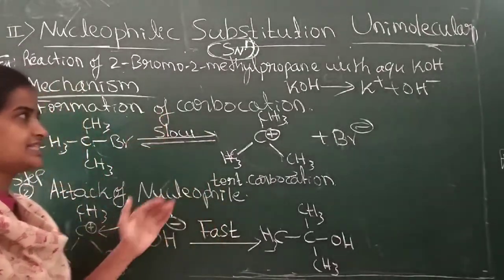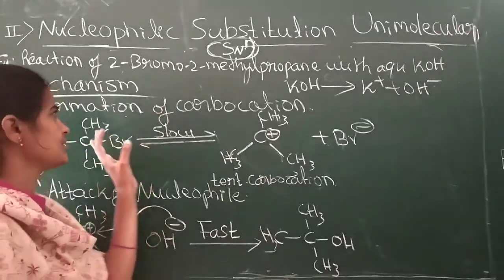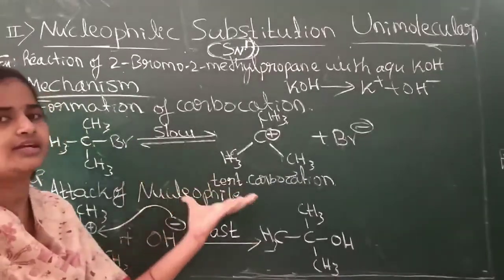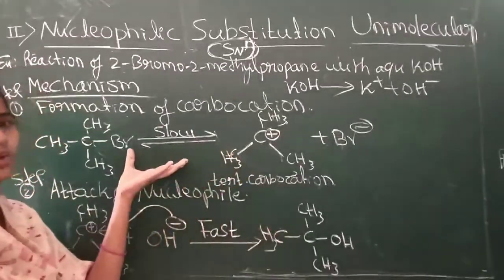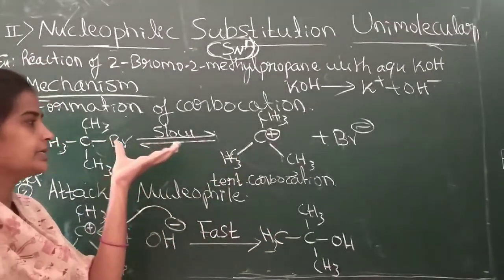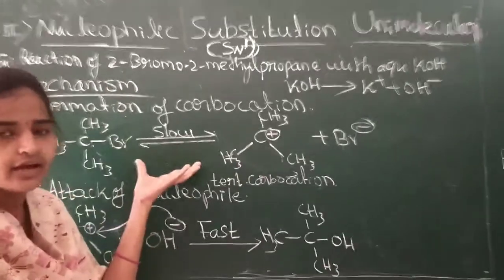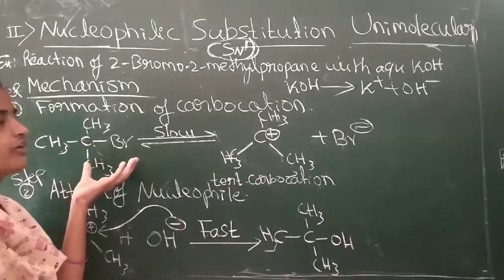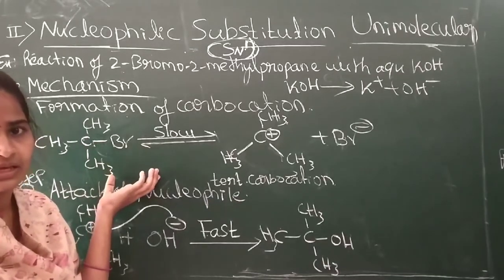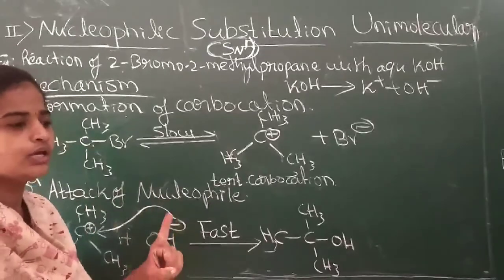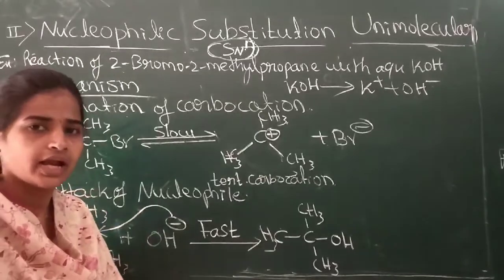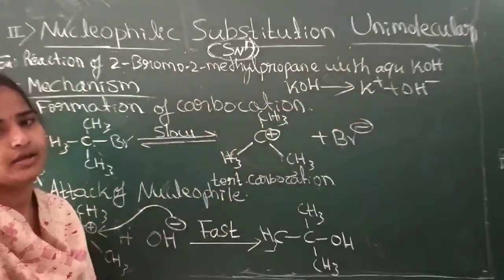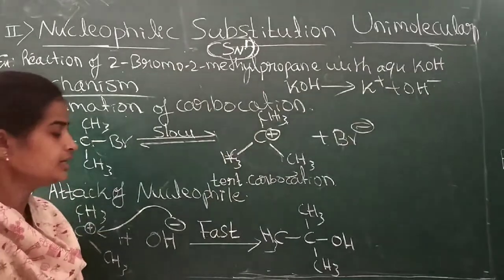Remember, in the SN1 mechanism, the first step, that is the formation of the carbocation, is the rate determining step, as it is the slow step. Got it? And the rate of the reaction depends only on the concentration of the alkyl halide. This means only one molecule is taking part in deciding the rate of the reaction. Therefore, it is called a unimolecular reaction.